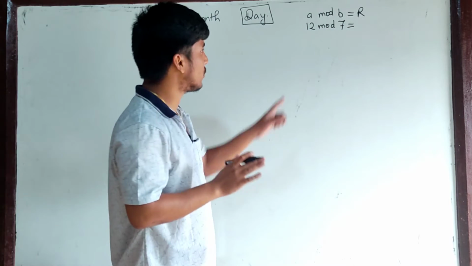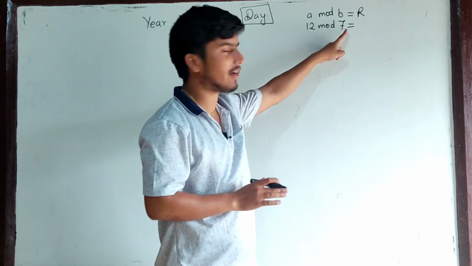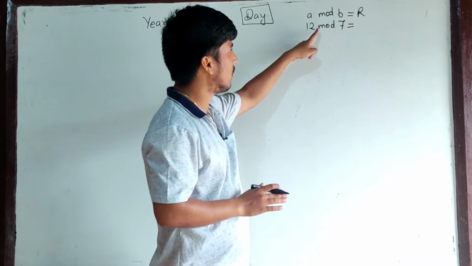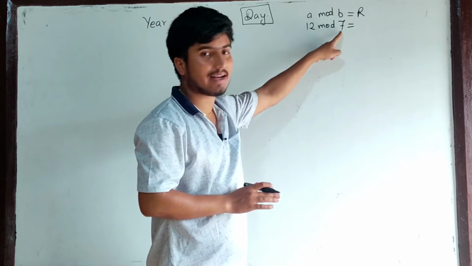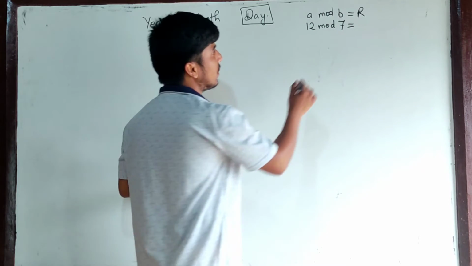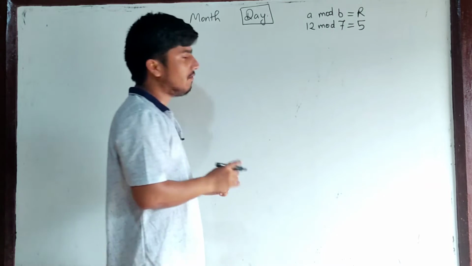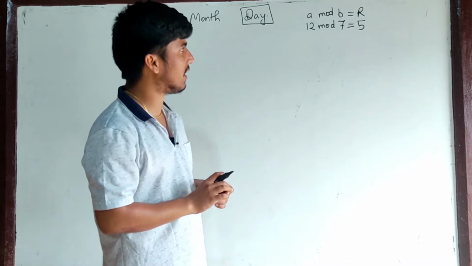When 12 is divided by 7, 7 times 1 is 7. The quotient is 1, but the remainder is 12 minus 7, which gives us 5. So the answer this modular division will give us is 5, which is the remainder when 12 is divided by 7.